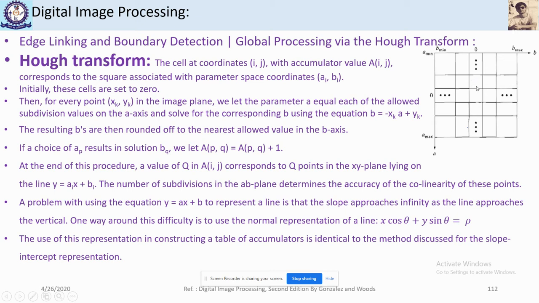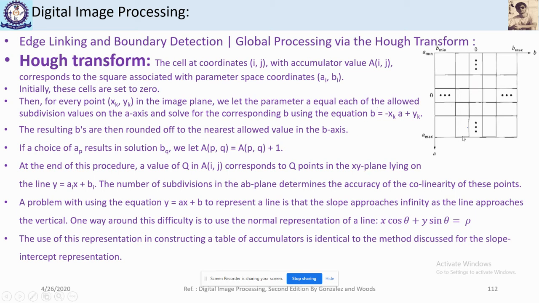This is the parameter plane, and this corresponds to a point in parameter plane, so that will correspond to a line in xy plane. That line will have q number of points in the xy plane. Yes, do you agree on this?